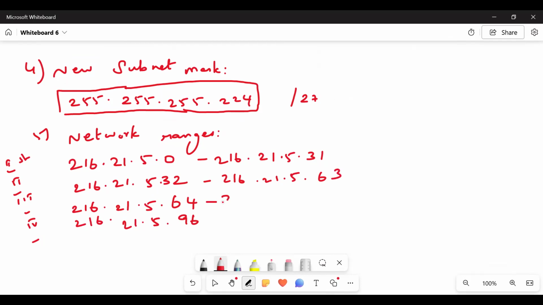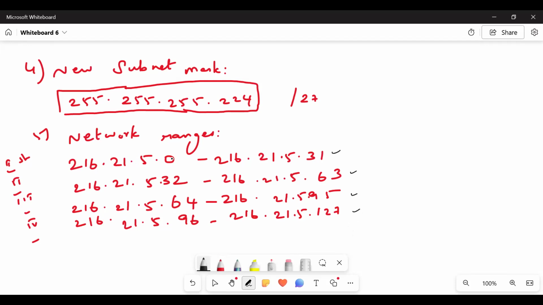So likewise 216.21.5.95. Likewise the next address 216.21.5.127. The next subnet is 128, the before address is 127. So this is actually one subnet. This is the first subnet, second subnet, third subnet, fourth subnet. It will be going on.